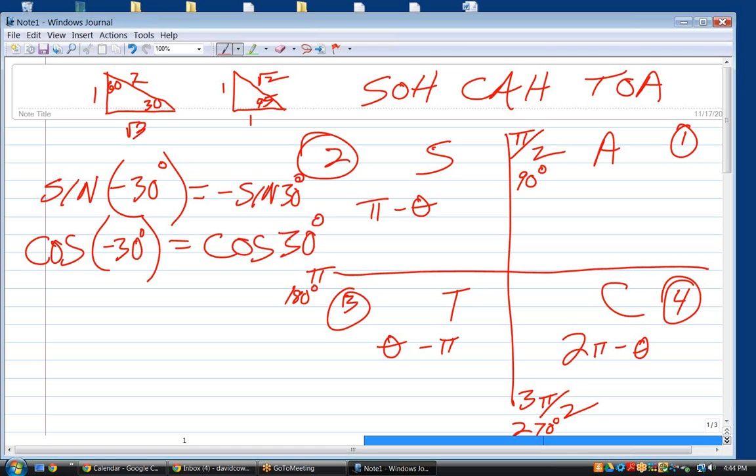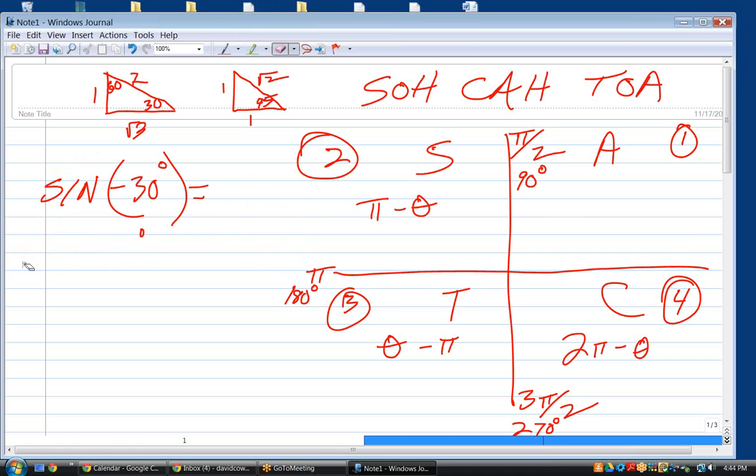So you have two ways of doing negative angles. Using the property of the odd and even function is the best way to do them. But there is another way to do them, and that is to convert them to positive angles. Let's just do one real quick and I'll show you the difference. In fact, this is the way I used to do them.